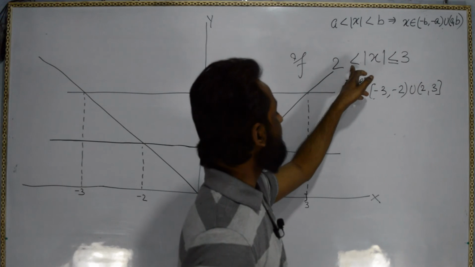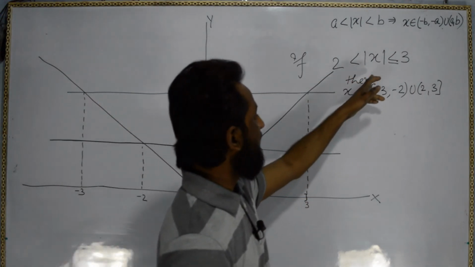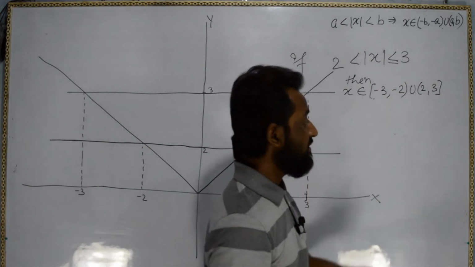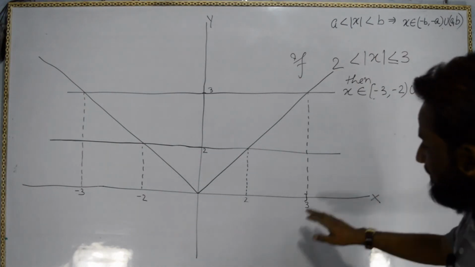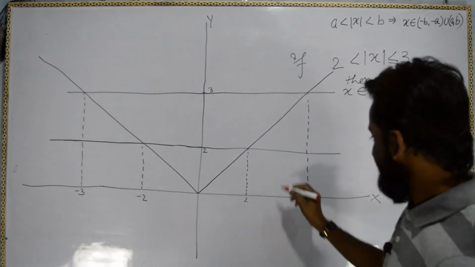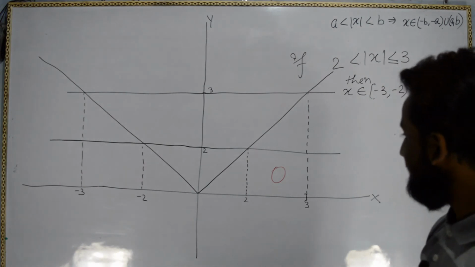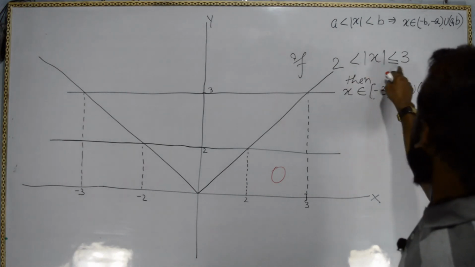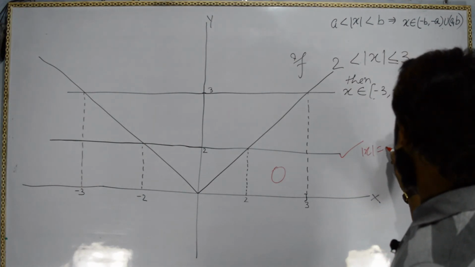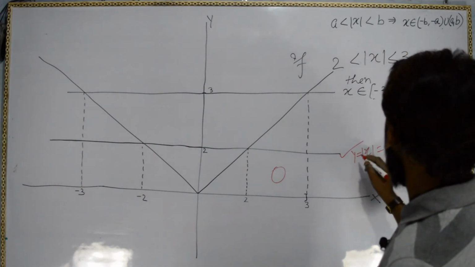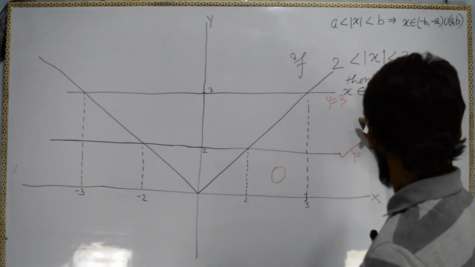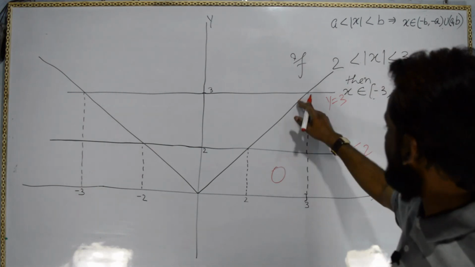So mod x is greater than 2, and mod x is less than or equal to 3. So for that x will be like this. First we will talk about 2 comma 3. 2 comma 3 is here. So what region do we have to take? Can we take this region? No, because we have to talk in between 2 to 3. So this is the mod x equal to 2 line, and this is the y equal to 3 line. So we have to talk in between this.